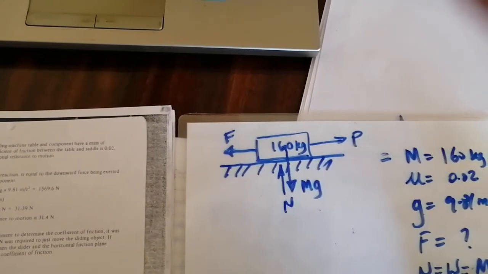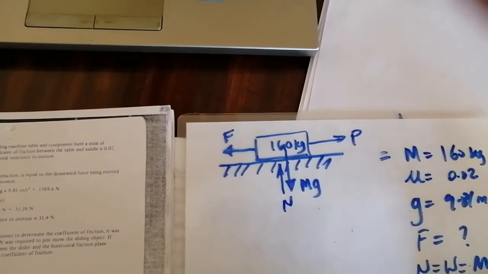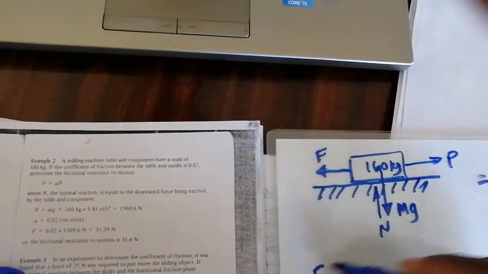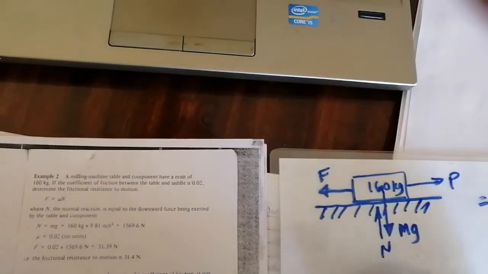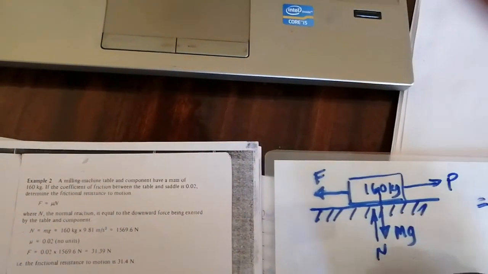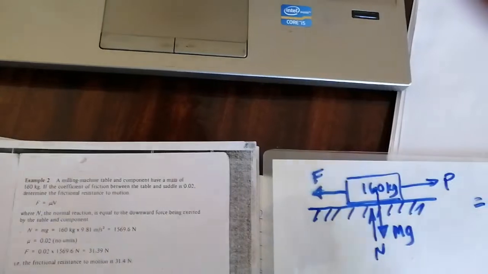This case is 160 multiplied by 9.81 seconds. So from the formula that we know that F, or frictional resistance, is equal to the coefficient of friction multiplied by the normal force.